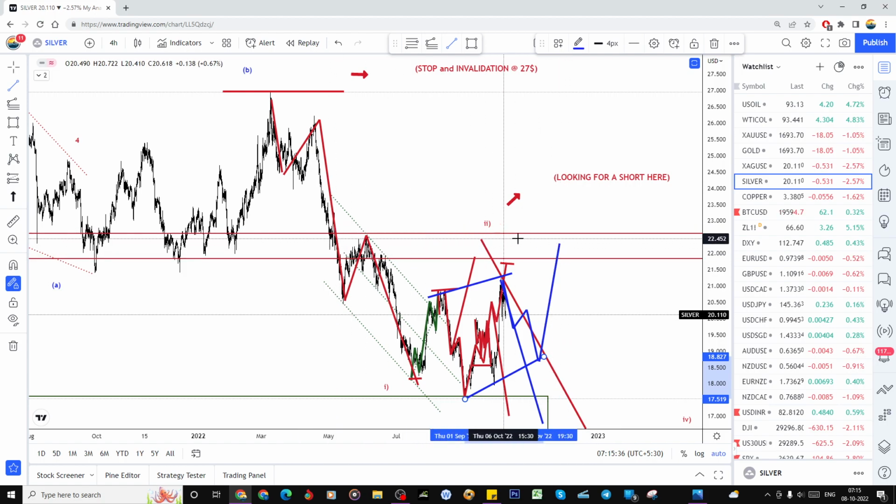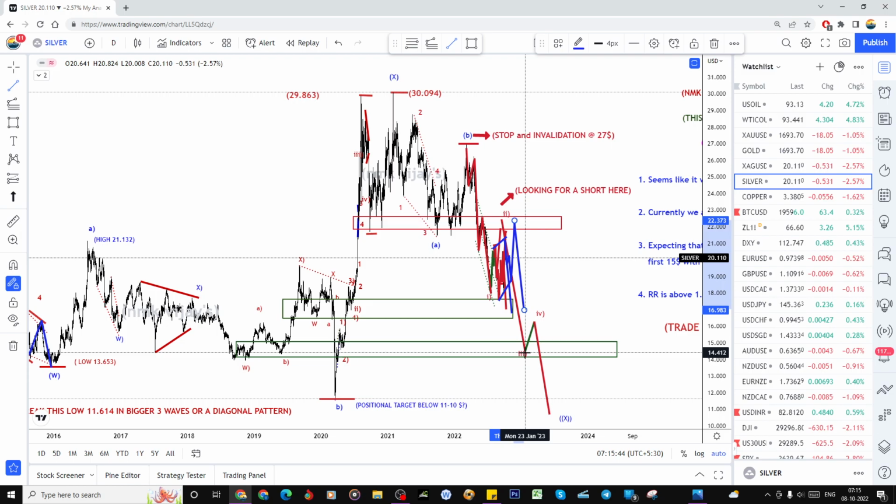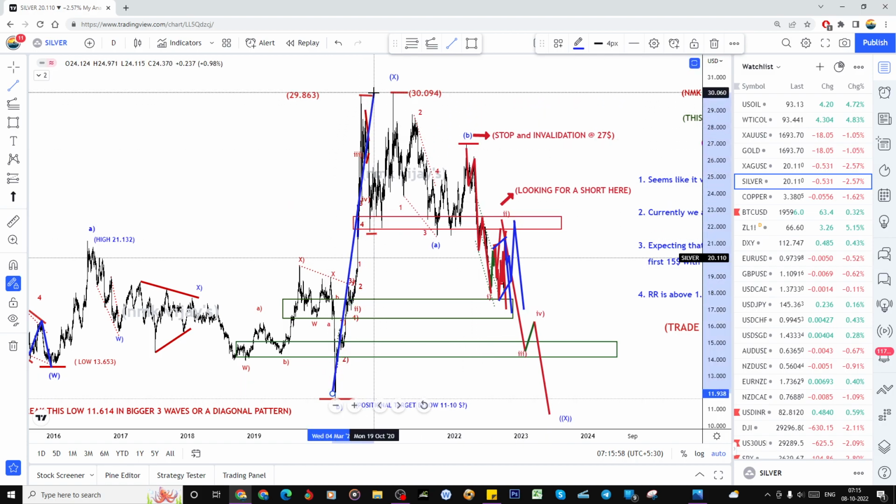So once it reaches this zone, I'm expecting to the downside to reach the target here, 14, or it can reach 11.1 as my positional target. But this is a little bit of a doubt. I already clearly mentioned whether this is the one impulsive wave beyond the correction part.